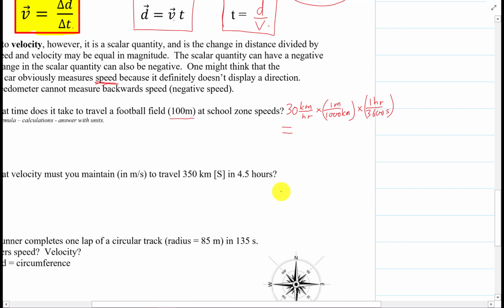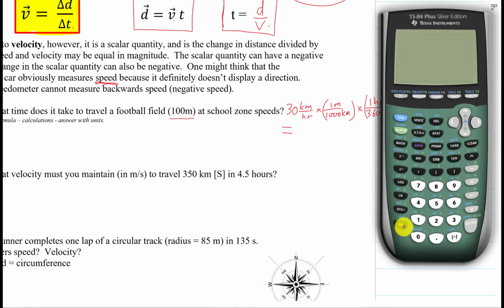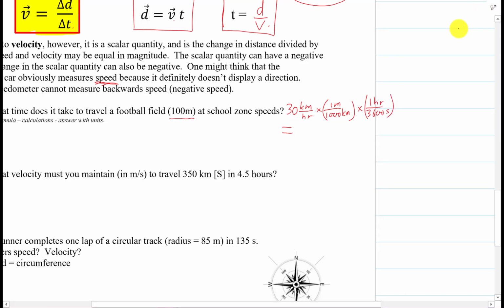So this 30 kilometers per hour, 30, you divide it by 1,000 and multiply it by 3,600. And whoops, did I do it wrong? Oh, 1 meter is not 1,000 kilometers? No, it's 1,000 meters is 1 kilometer.